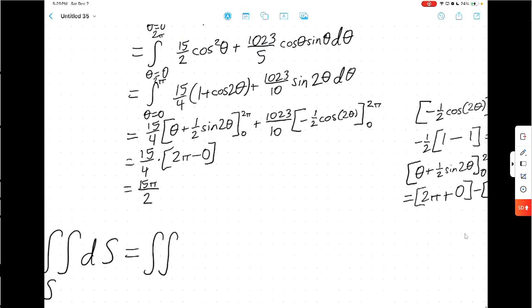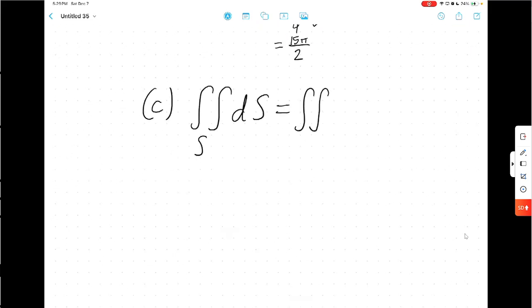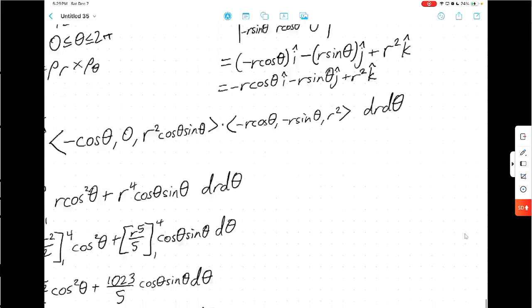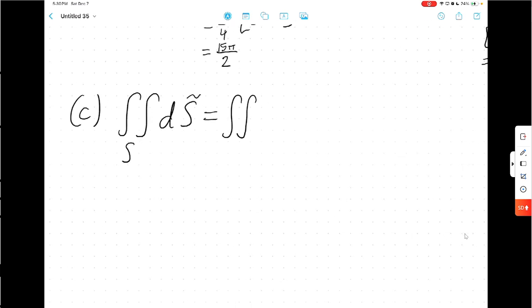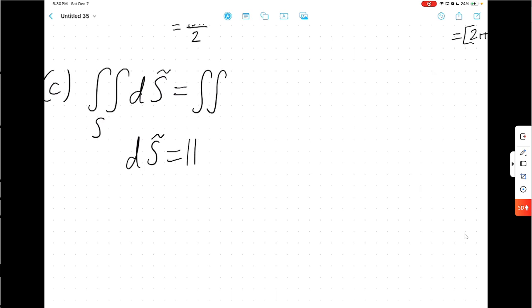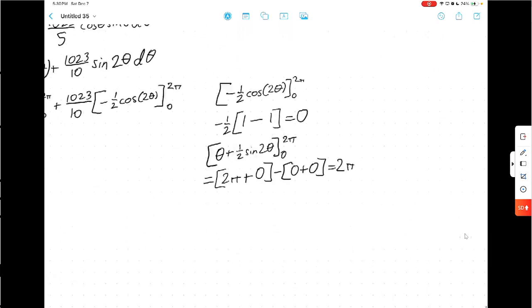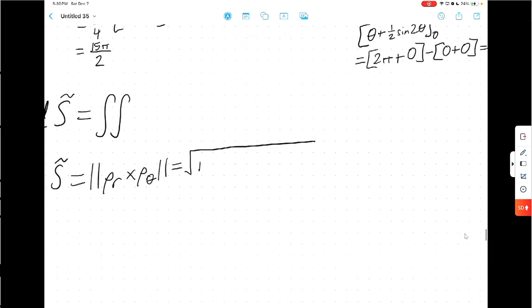This, except now we need the magnitude, because we're actually using a scalar function instead of a vector one, so we need to use a different ds here. This ds is not the same as the other ds. It's going to be the magnitude of the other ds we calculated. So we get r squared cosine squared theta, no, not cosine 2, plus r squared sine squared theta, plus r to the 4th.